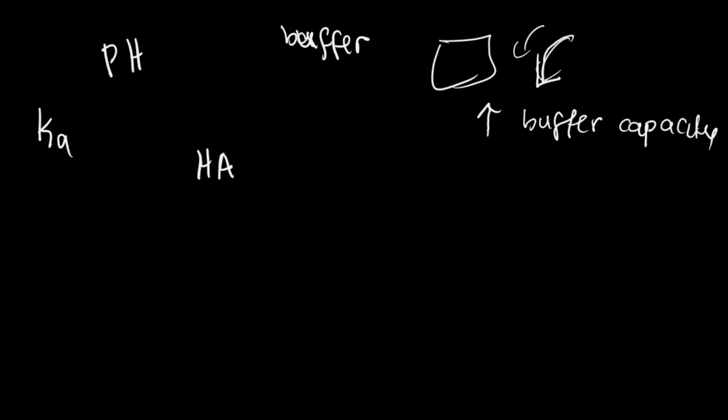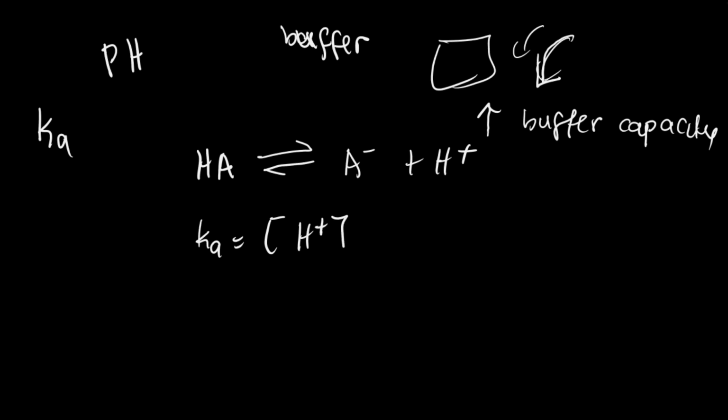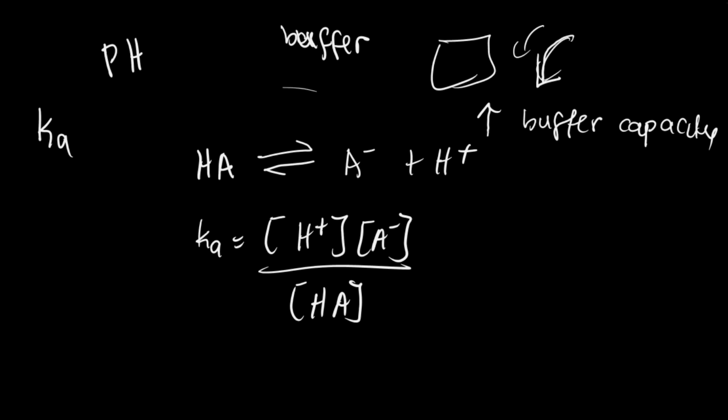Now, from the Ka value, we have an acid HA that dissociates in this reversible reaction into A minus and H plus. According to this, Ka is going to be equal to the H plus ion concentration times the A minus ion concentration divided by the acid concentration.